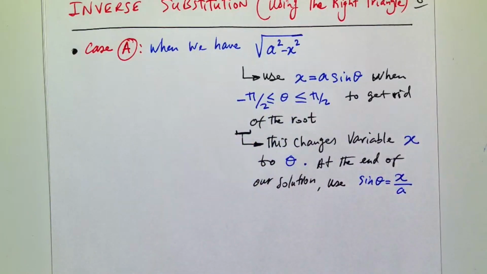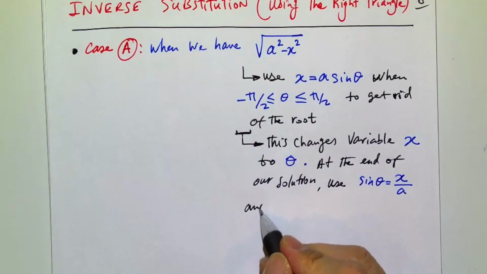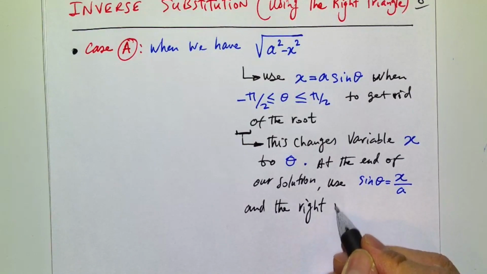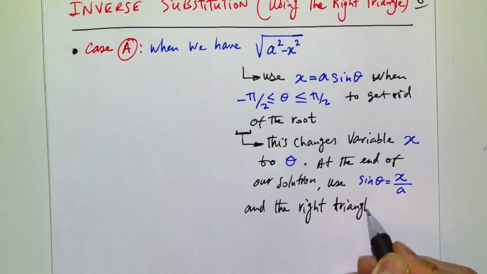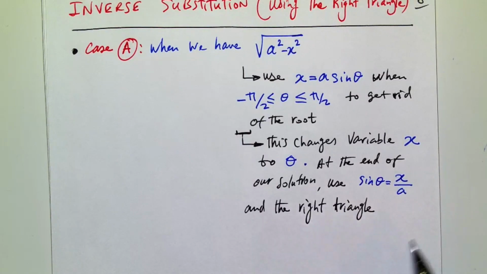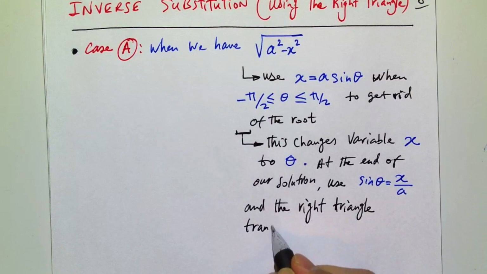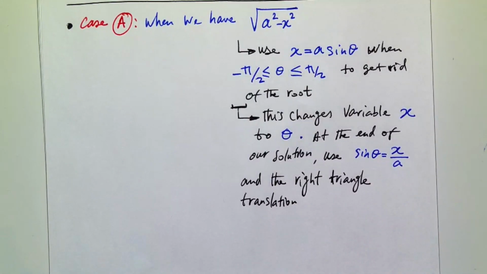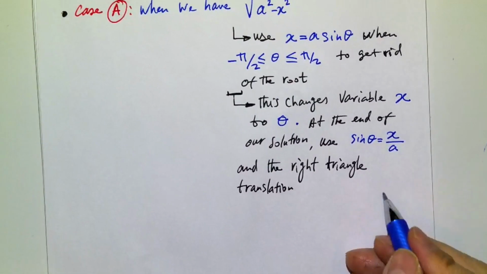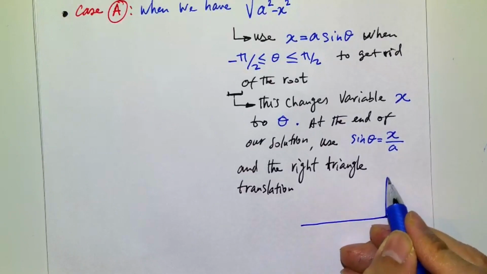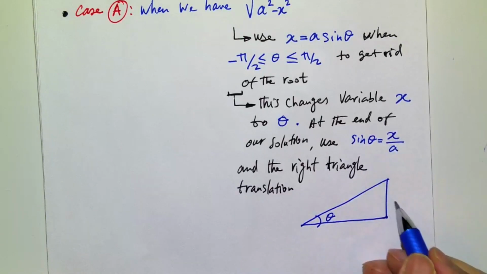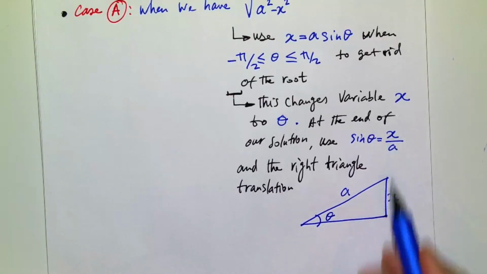X over a, and the right triangle translation. What I mean by that is, if this is theta, then this is the opposite divided by the hypotenuse, x over a.